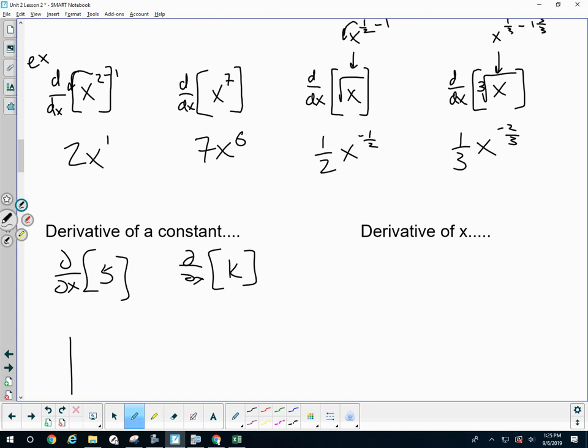The easiest way to think about this, I think, is more visually rather than using the power rule. You could use the power rule, but I don't know if it makes much sense. Think about the equation y equals 5. It is a straight line, yes, but it is a horizontal line. What is the slope of y equals 5 everywhere? 0. The tangent slope generator for a constant is 0.